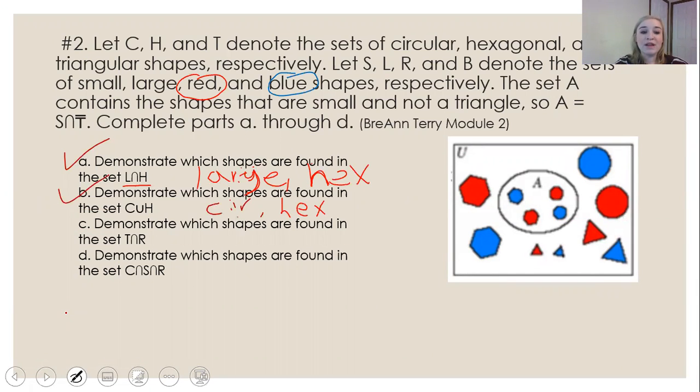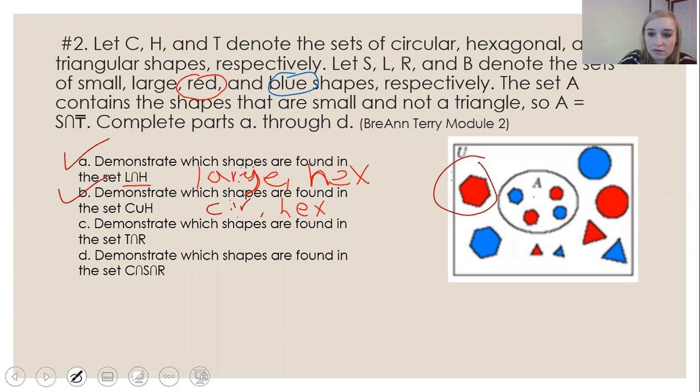Demonstrate which shapes are found in T intersection R. So the R would mean red, and the T would mean triangles. So what this means is that when we look at the T up here, it means that it can be all red shapes.